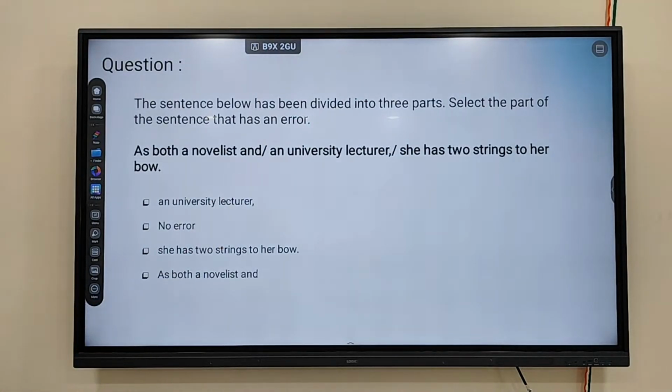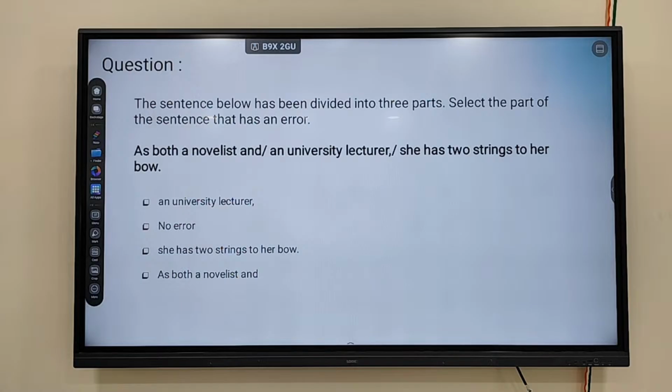As both a novelist and an university lecturer, she has two strings to her bow. As a novelist and an university lecturer. What do you think?